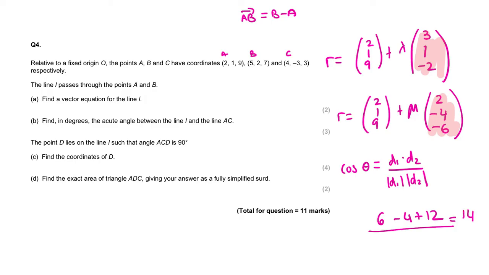Over the magnitude: 3 squared, 10, so root 14, multiplied by 2 squared is 4, 20, plus 36 is 56, so root 56. So I put into my calculator cos inverse of 14 over root 14, root 56.